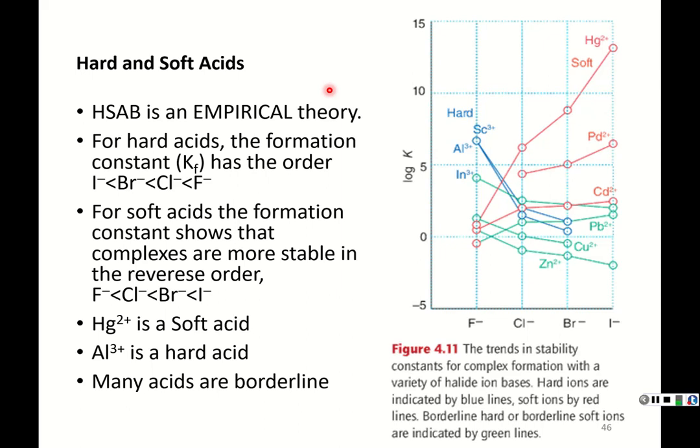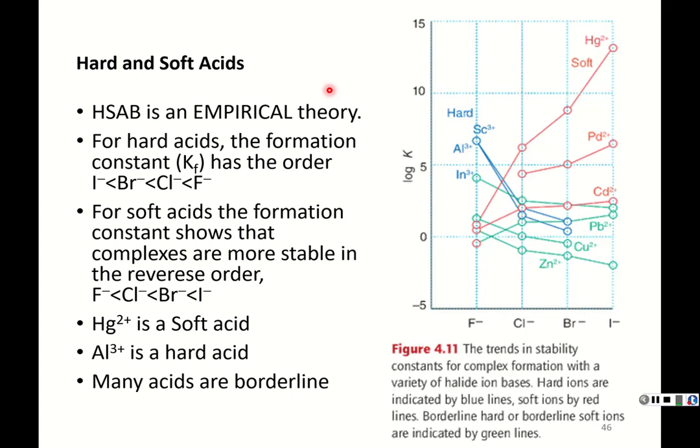So that's one of the reasons I don't like this too much, because you can't just look at the periodic table or the electron configuration of one of these and tell that necessarily. Which means you just kind of have to memorize this stuff. But again, I will tell you whether the metal is hard or soft, or whether the non-metal is hard or soft if I give you a question like this.